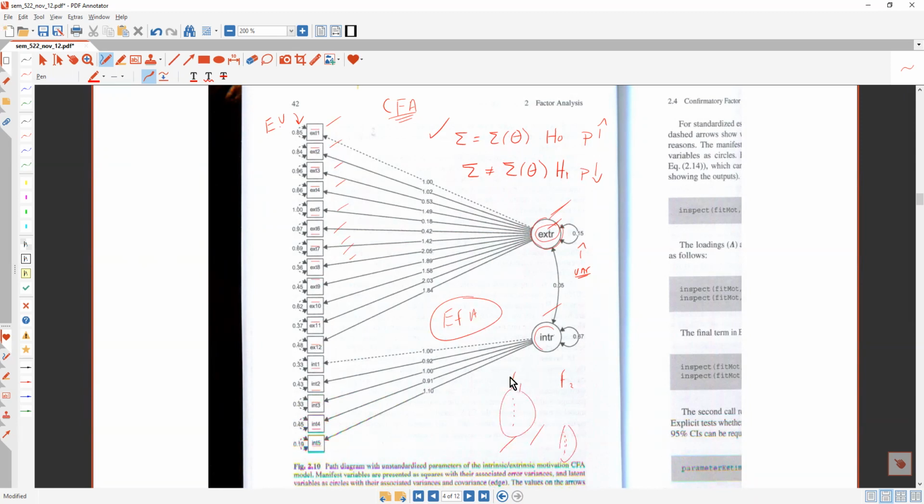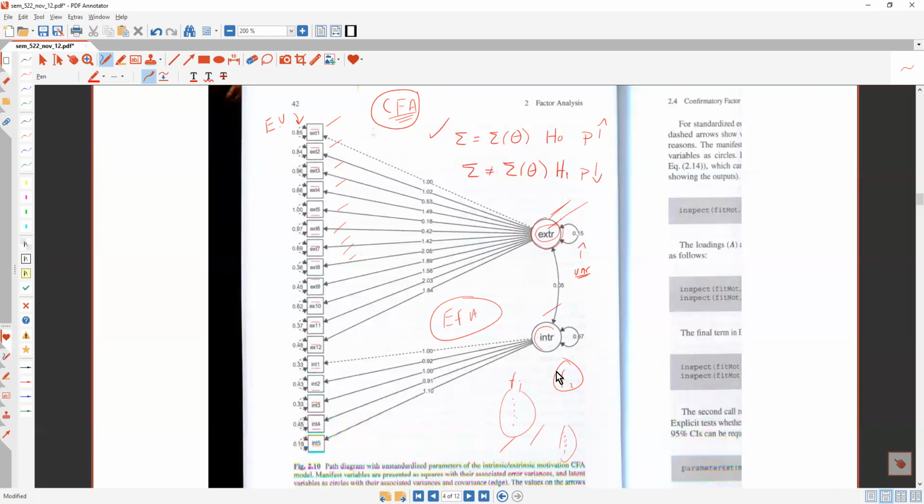Then I might conclude that factor 1 is made up of these variables, and I'm going to call it EXTR. Maybe factor 2 is made up of these variables, and I'm going to call it intrinsic, INTR. In the confirmatory model, you're not allowing for that exploration.